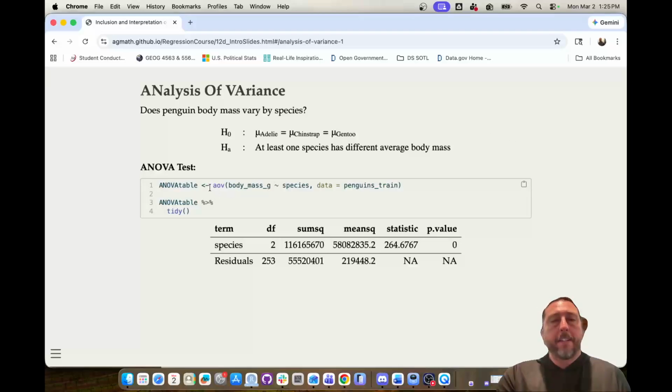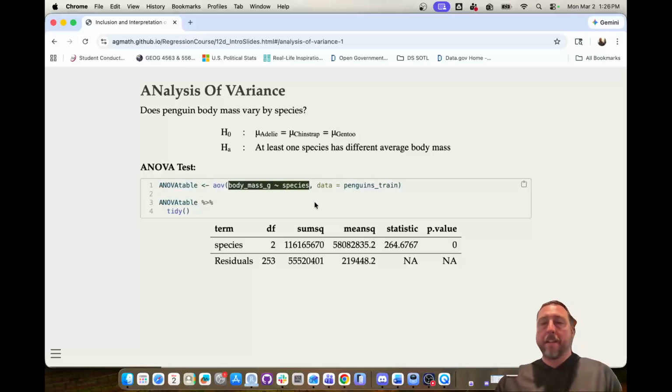So just to revisit, aov conducts an analysis of variance. Inside of the aov function goes a formula, just like what we've been seeing here in our course. We want penguin body mass in grams as explained by species. And the data frame that these variables are coming from is the penguins_train data frame.